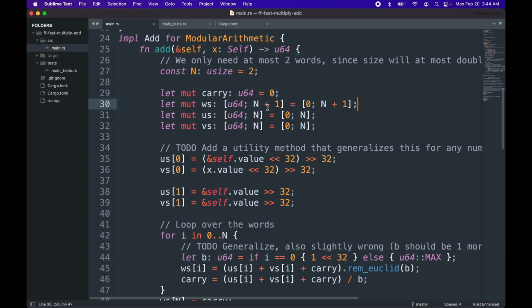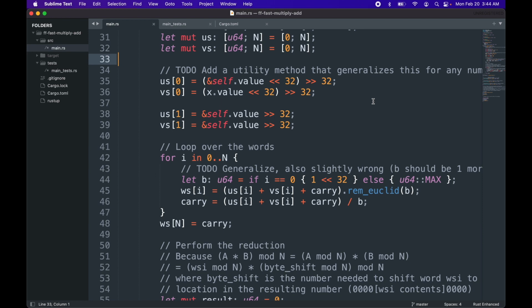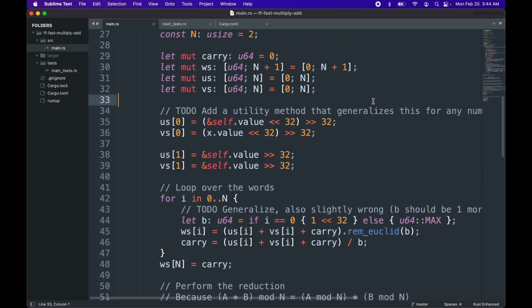And so the number of words that it has is going to be 1 larger than for each of the inputs, right? The inputs we're going to break into their 2 words, but then the result might overflow. And so we're keeping an array. And then, so this I generalize in multiplication, but this is essentially just the process of breaking it into words.